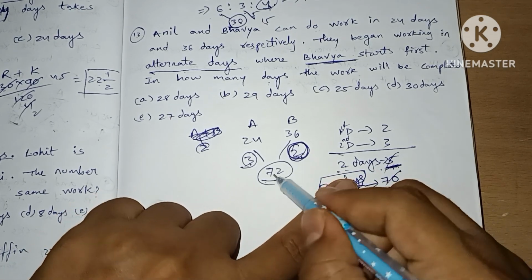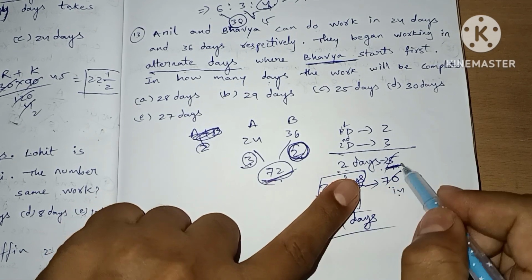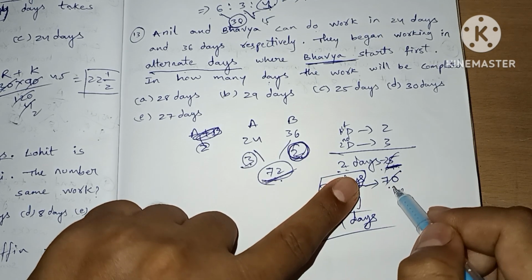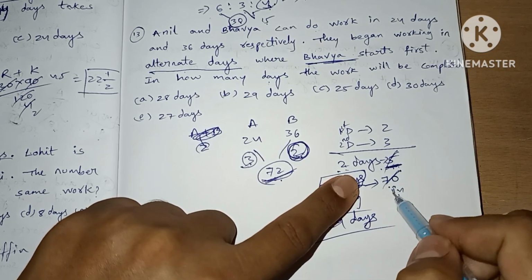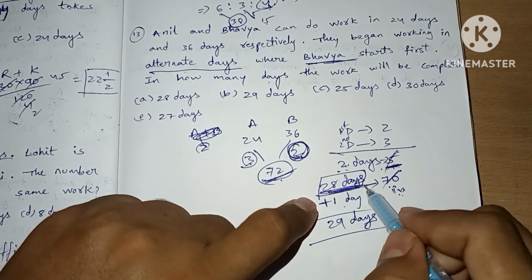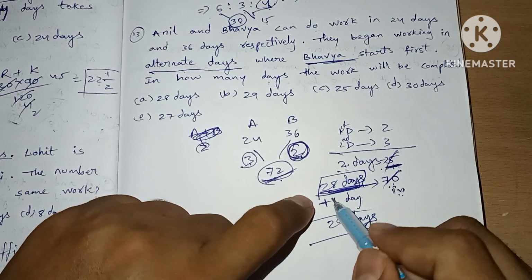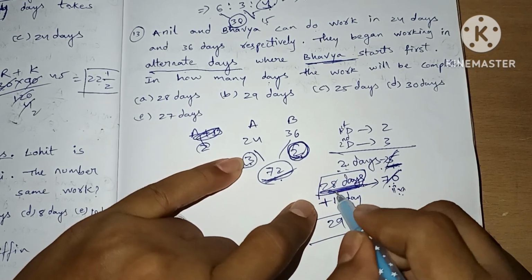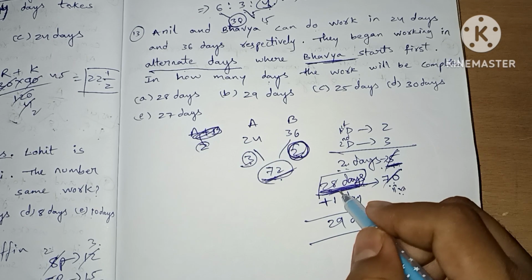We are going to see the nearest multiple of 5 below 72, which is 70. 70 units is 5 times 14, and 2 times 14 is 28 days. So in 28 days, 70 units will be completed by both alternately.